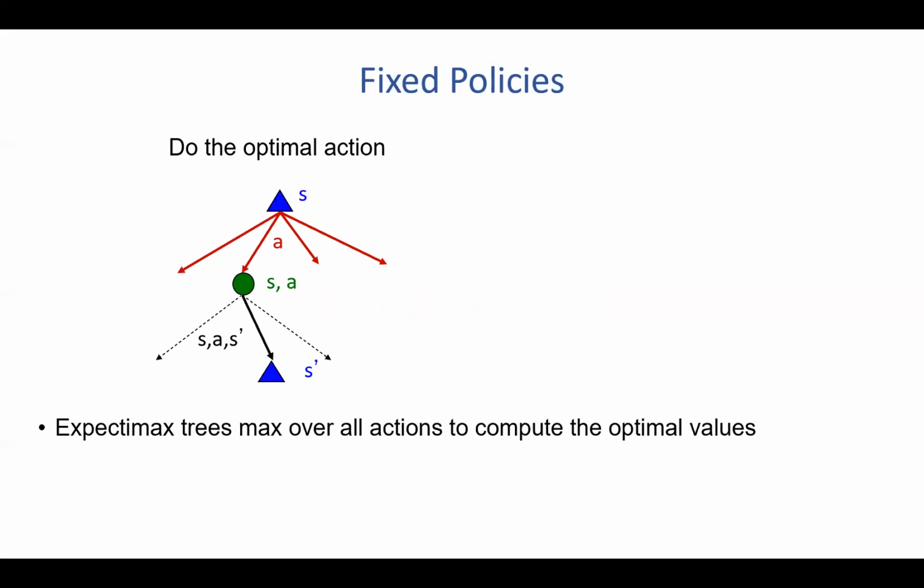What if somebody hands you a policy and says, don't do anything other than what is given there? What if somebody just gives you a policy that already has the arrows? Arrows given. And all you do is, for each specific state. So in fixed policy, you look at all possible actions, and then you perform a max function. Does that make sense?